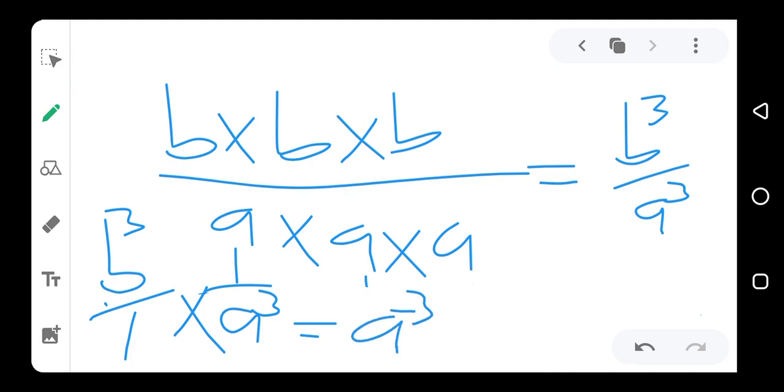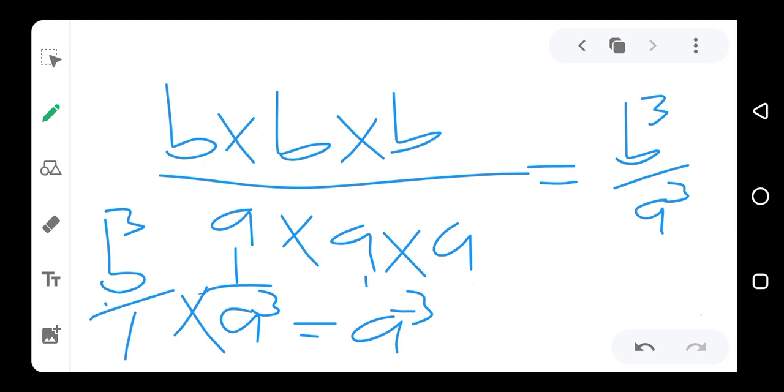Or you just ask yourself, what can I do to get 1 over a raised to power 3? It is when you find the inverse of a raised to power minus 3 that you get 1 over a raised to power positive 3. So when you find the positive inverse of it, then you get the negative inverse of 1 over a raised to power 3. You get a raised to power minus 3.